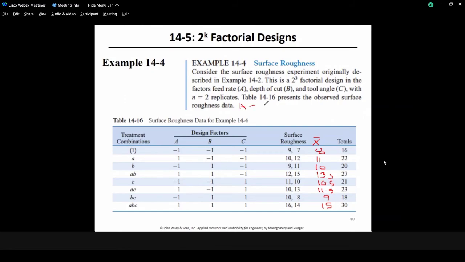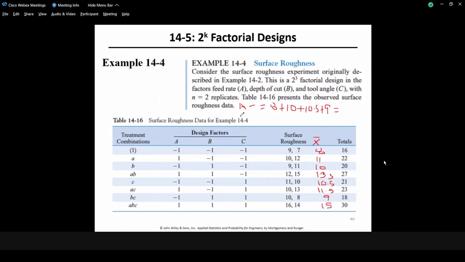Okay. A negative equals, look at this, A negative: 8 plus 10 plus 10, and then 10.5, is it? 10.5 plus 9. This is A negative.